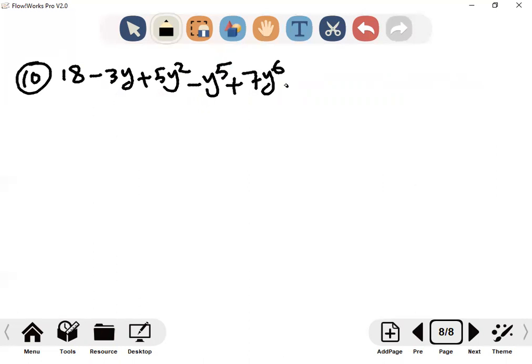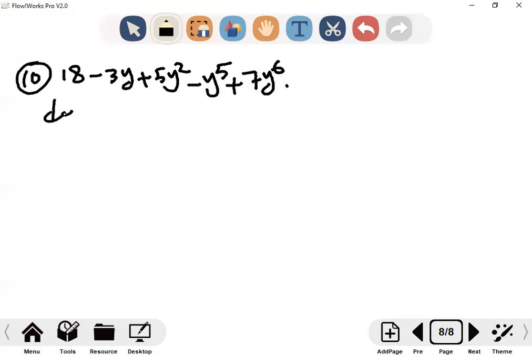You can write it in standard form by arranging the degrees from the greatest to the least. But the question didn't ask us about the standard form. They want the degree, the leading coefficient, and whether it's a polynomial or not. What's the degree here? 6, the highest degree. What's the leading coefficient? 7.